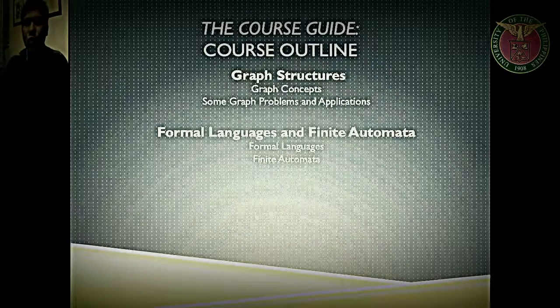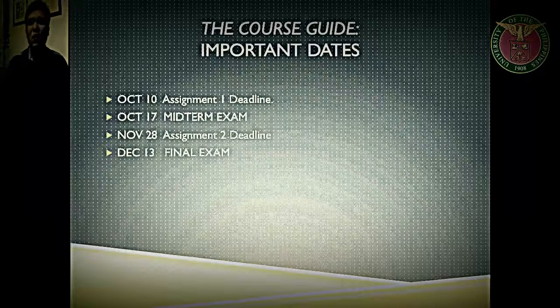The next one will be graph structures. So here we will be talking about different graph concepts like vertices and lines or edges. And we will also be tackling some graph problems and their applications, such as the shortest path. And finally, we will be dealing with automata and formal languages. Seems pretty simple, huh?